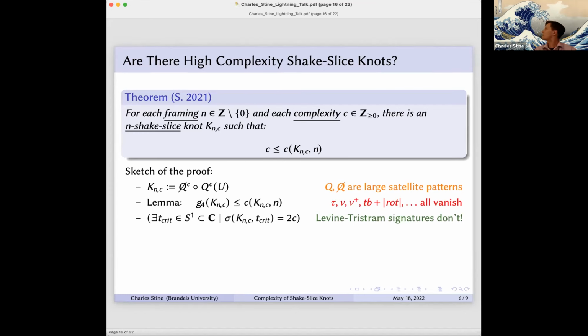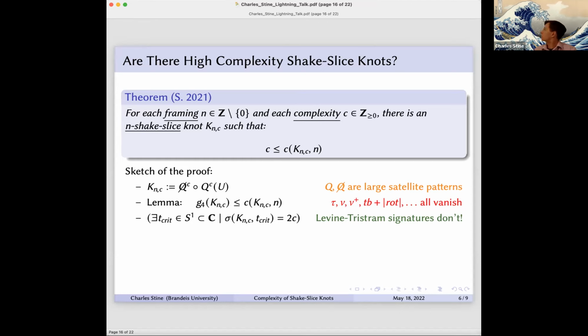And so if you've never seen this before, this function sigma is a map that takes in a unit norm complex number and a knot and spits out an even integer. And that integer gives a lower bound on 4-ball genus.